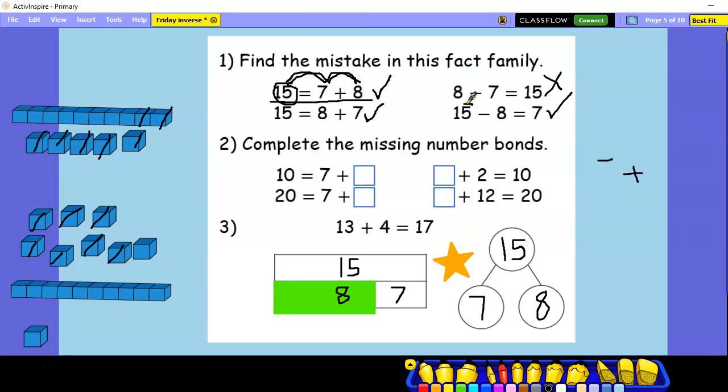Okay, if I start with the whole and I take away 8 to get 7, then a way of checking that 7 is the right answer is to add 8 back on, and I should get back to where I started, which is 15.